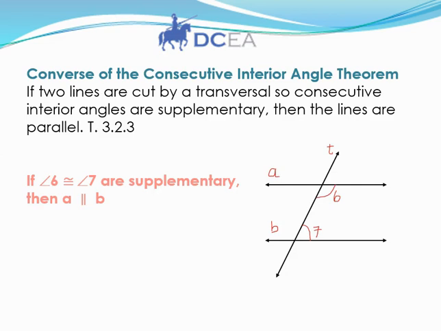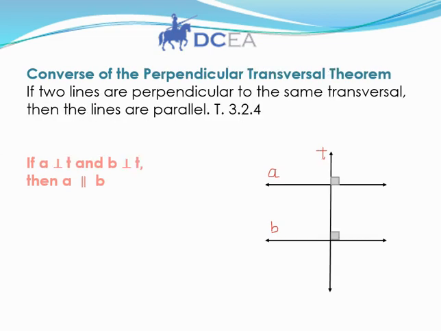The converse of the consecutive interior angle theorem, this is theorem 3.2.3. If two lines are cut by a transversal so consecutive interior angles are supplementary, then the lines are parallel. Angle 6 and angle 7 are supplementary. Consequently, line A is parallel to line B. Next theorem, theorem 3.2.4, the converse of the perpendicular transversal theorem.